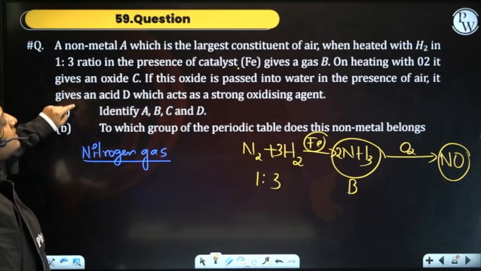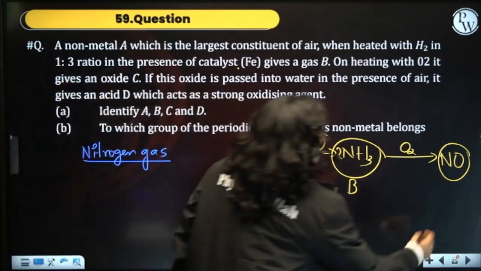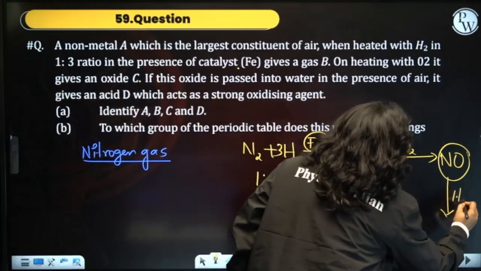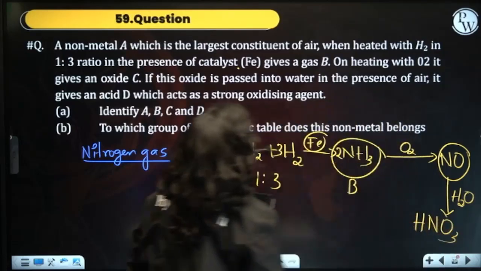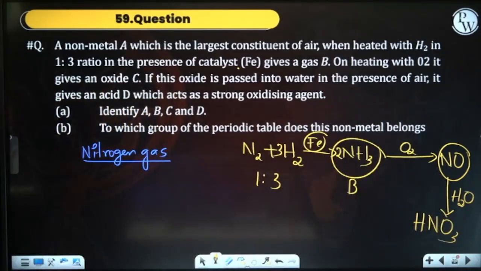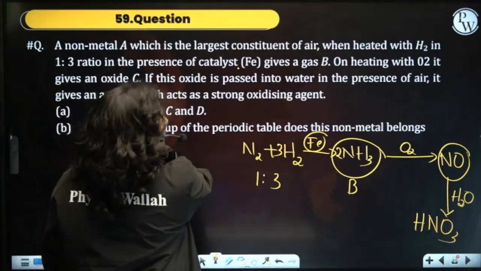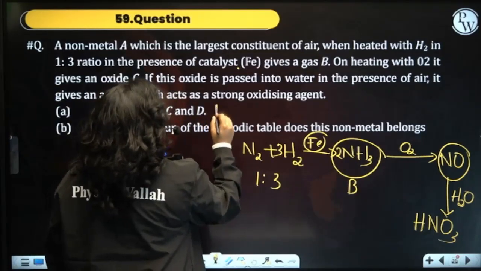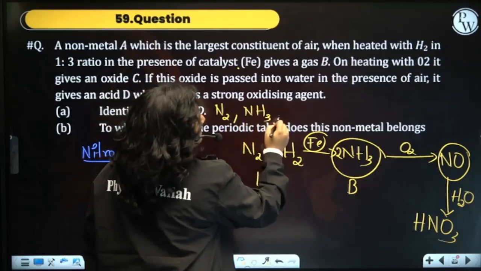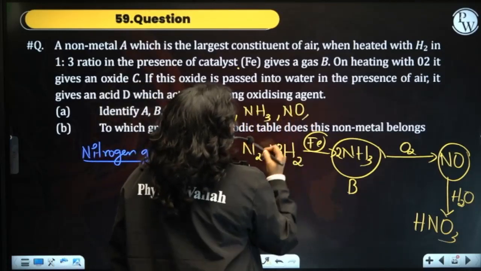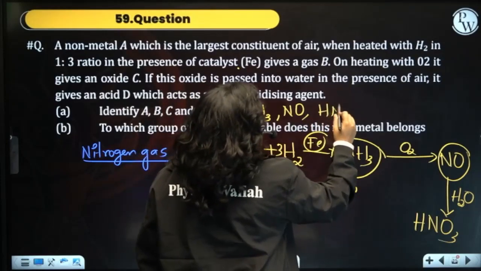Now this oxide is passed into water and forms nitric acid, HNO3. So identify A, B, C, D. A is nitrogen. B is ammonia. C is nitric oxide. D is HNO3.